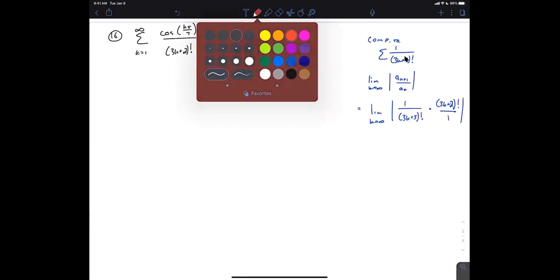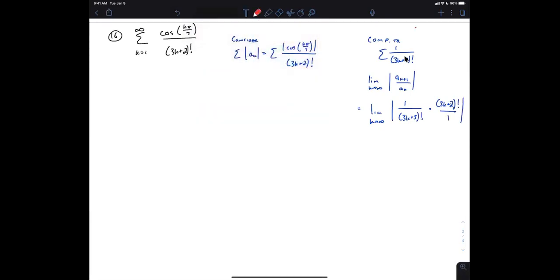Now, the reason I'm getting 3k plus 5 is I'm doing 3 times k plus 1 plus 2, which is 3k plus 3 plus 2. So that's how I'm getting that 3k plus 5 factorial. Does everybody understand to there? Any questions to there?